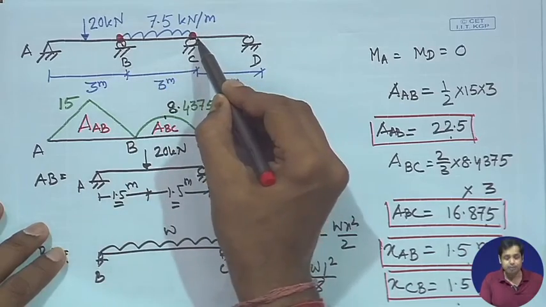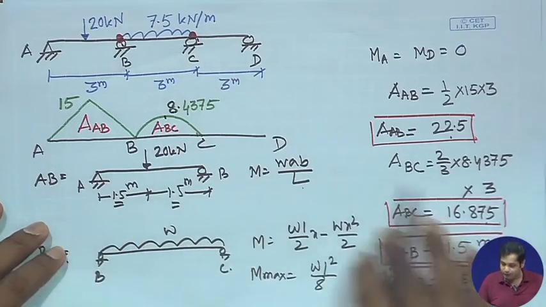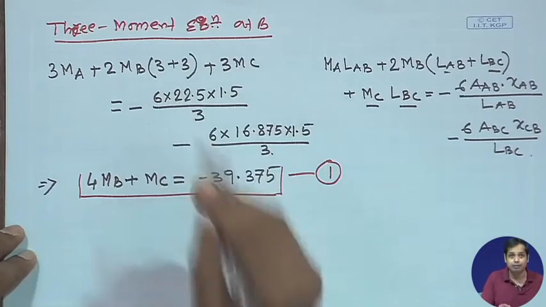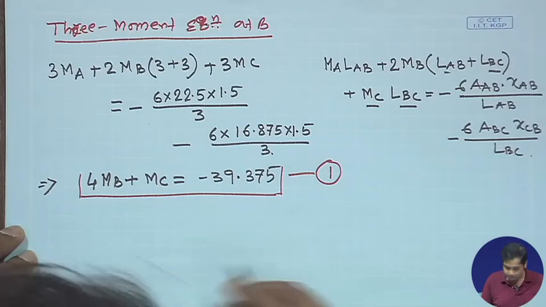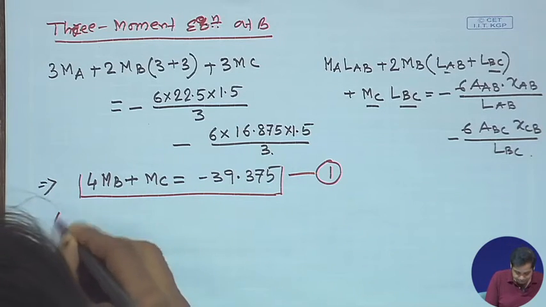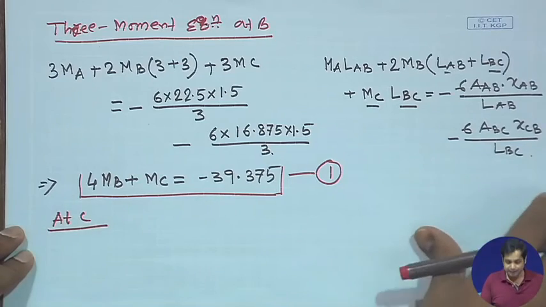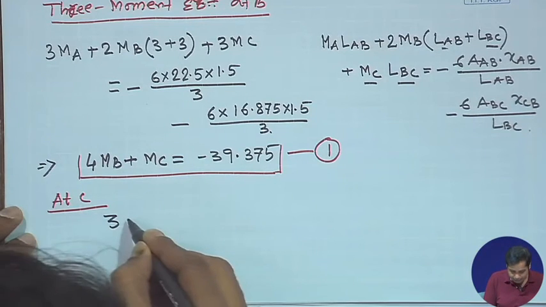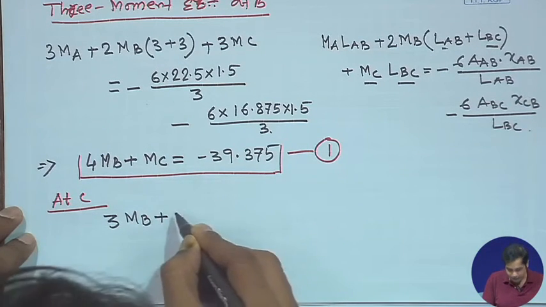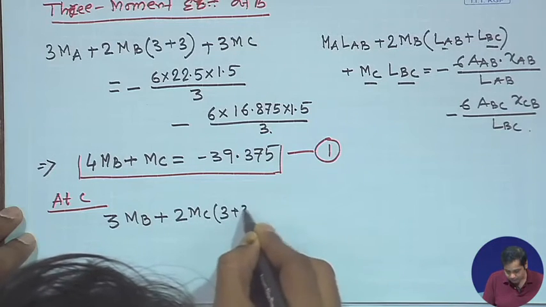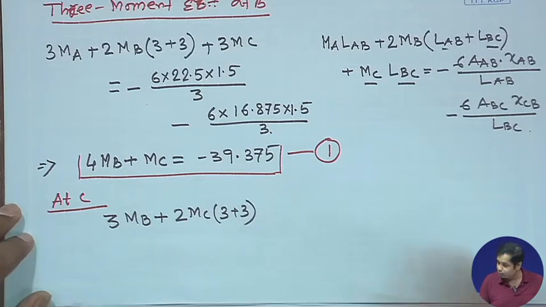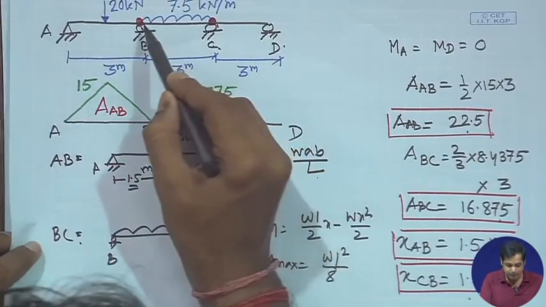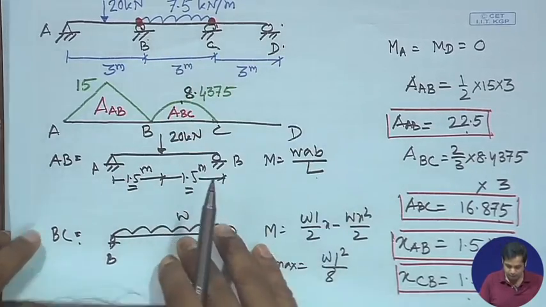Now, let us apply the 3 moment equation at C. If we apply the 3 moment equation at C, then similarly, if we do the same exercise, the expression becomes 3 MB plus 2 MC into 3 plus 3. When we apply at C, we have to consider span BC and CD, which means MB, MC and MD will come into this equation.